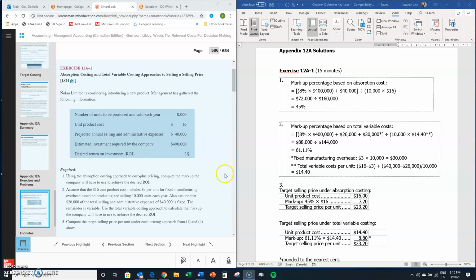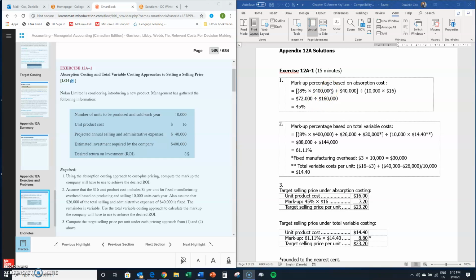So the formula: required ROI, return on investment, and we're given that here, is 8%, times the amount of the investment, and we're given $400,000 as the amount.